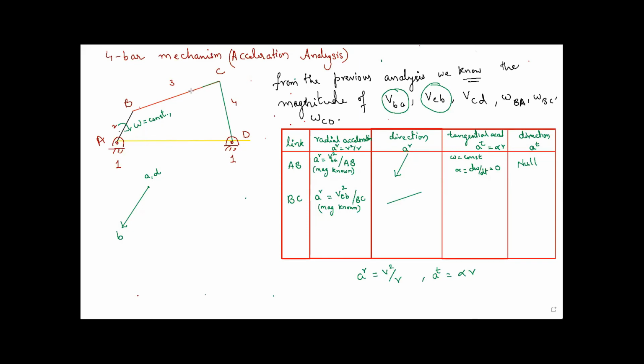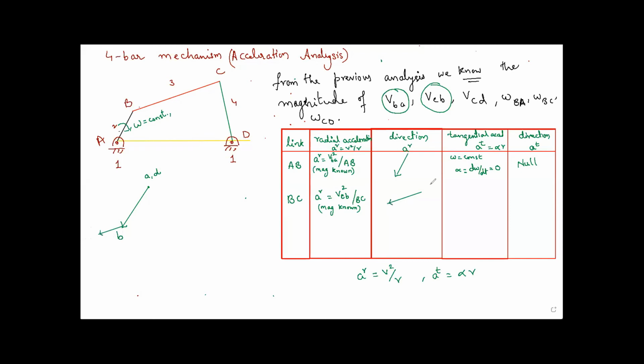Take it parallel, and it's a fixed length, right? So I'm taking it passing through B. Why passing through B? Because it is the link BC and you have only the option to draw over this B length. Magnitude is known. Now I got the magnitude as well as the direction, which is downwards. Here also it is downwards.